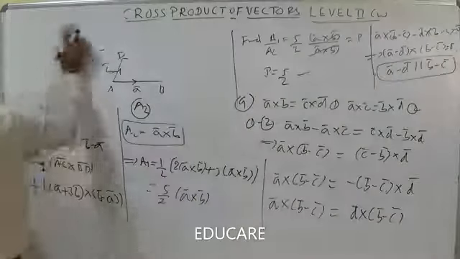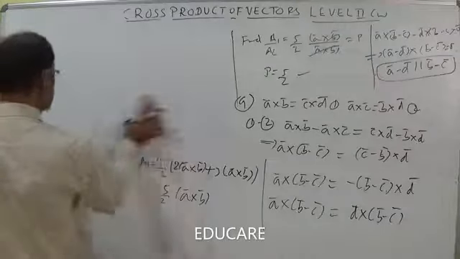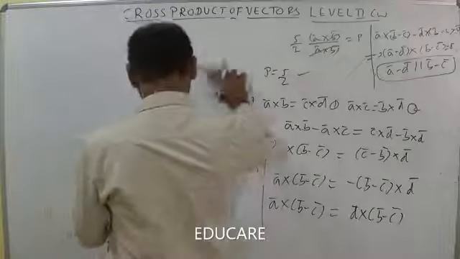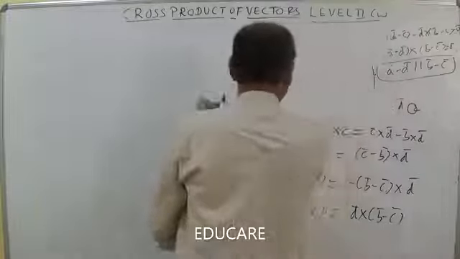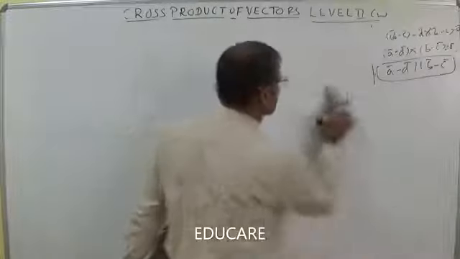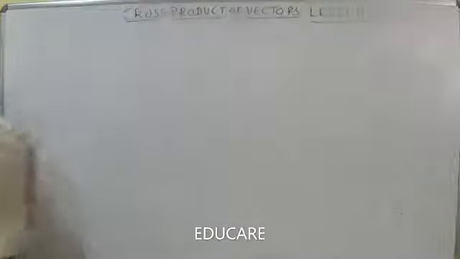Next, let us discuss the 10th question. A bar, B bar, C bar are three vectors such that mod of A plus B plus C is equal to 1 is given. So the total magnitude of the summation of the three vectors A bar plus B bar plus C bar is equal to 1.